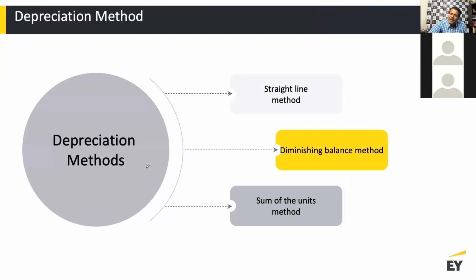Under the income tax law in India, companies are required to follow the diminishing balance method, which is the written down value method. But for the purpose of the Companies Act, for the purpose of accounting standards, we see across the board companies follow the straight line method. There are a few companies that, for their own business nuances, follow the diminishing balance method or the sum of unit method.